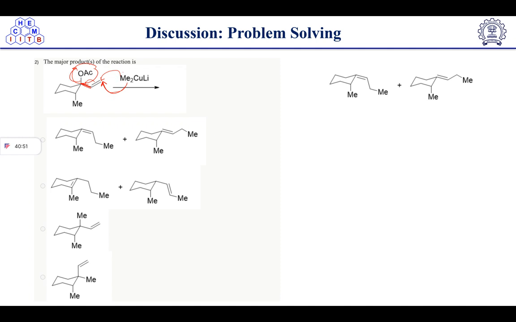So that's why we will get the E/Z mixture. So the correct answer is option number 1, because conjugate attack will take place here. That's why we will get it this way.